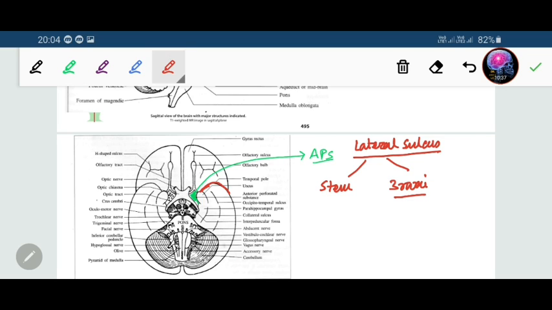From the anterior perforated substance, it begins and extends laterally between the orbital surface and the tentorial surface, and thereafter on reaching the inferolateral border, it winds round the border and goes on to the superolateral surface.